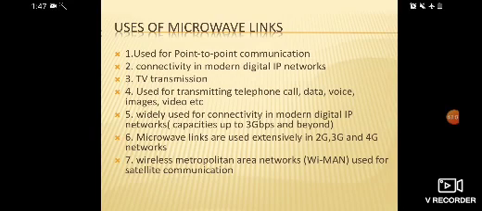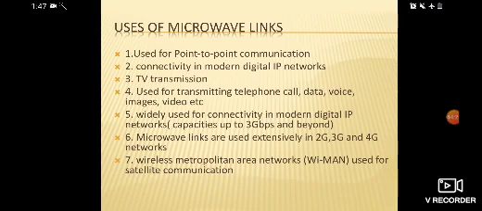What are the uses of microwave links? They are used for point to point communication and in modern digital IP networks. They are used for television transmission, and for transmitting telephone calls, data, voice calls, images and video conferences.